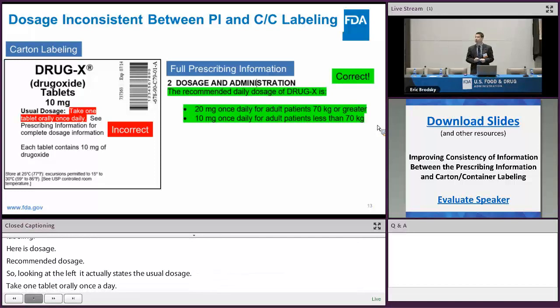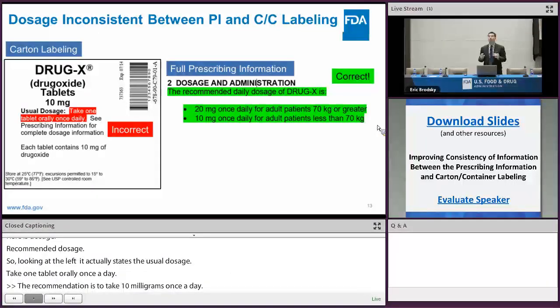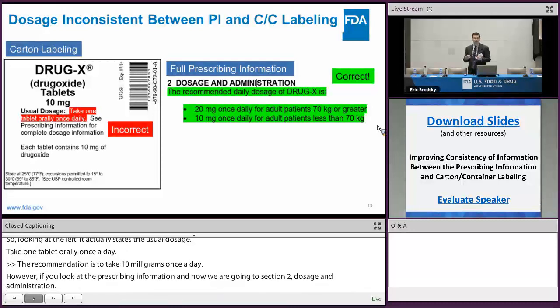However, if you look at the prescribing information, and now we're going to section 2, dosage and administration. The recommended dosage of drug X is either a lower dose, 10 milligrams once a day for the lower weight patients, but it's 20 milligrams once a day for the higher weight patients.